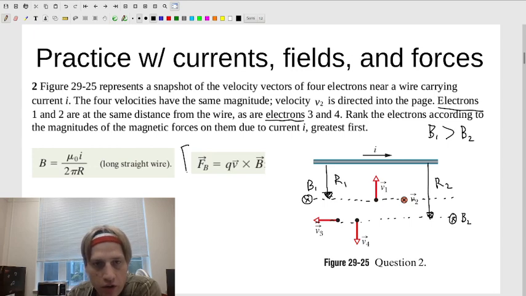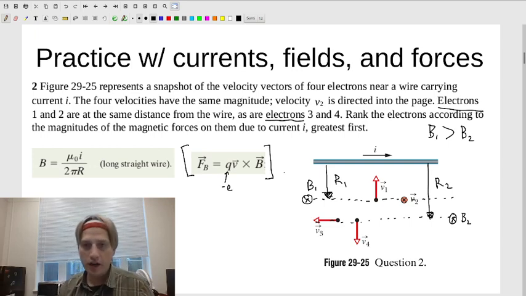So when we do this, we're going to have to use our Lorentz force law for vectors. V is going to be the direction of our velocity, B is going to be the direction of our magnetic field, and q is going to be our charge. Now, notice that q is negative for an electron, and so we're going to ultimately have to reverse the direction.